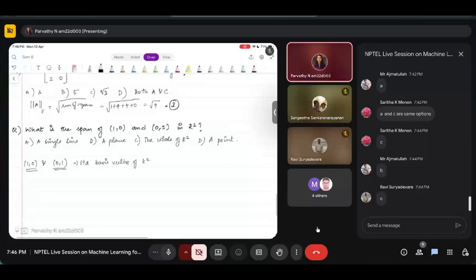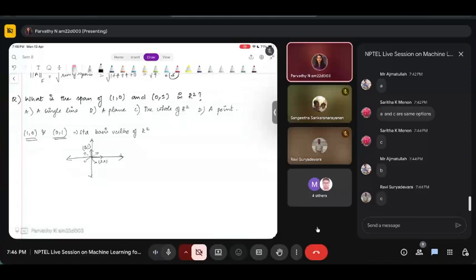So if this is your R2 and this is 1, 0 and this is 0, 1, if you rotate this, you can generate every other vector in R2. So the answer is these are the standard basis vectors of R2, and they span the whole R2.